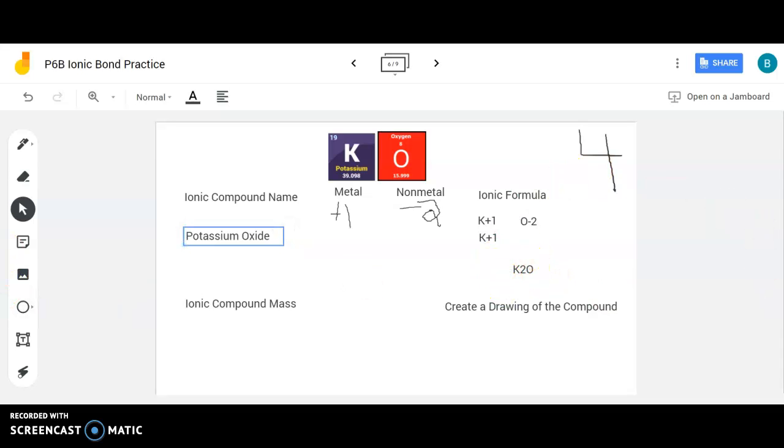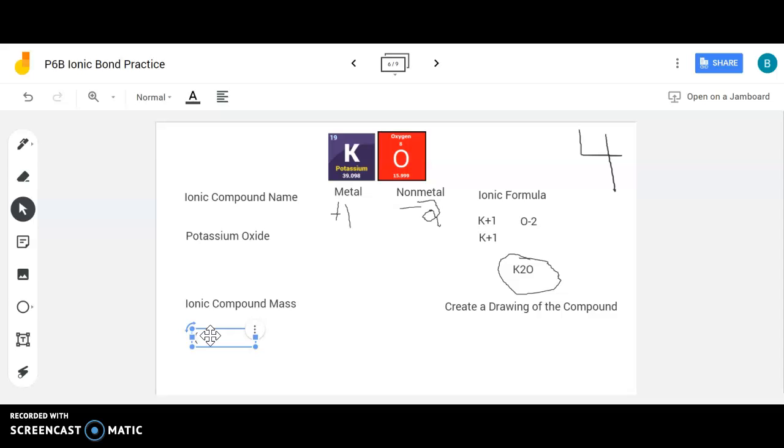Now we're going to look at finding the mass. We want to find the mass for K2O. So 2 potassium, 1 oxygen. So what we're going to do when finding the mass is, first I like to know what the masses are of the elements given. So here we're going to round to the nearest 2 decimal places. So 39.10 grams for potassium.